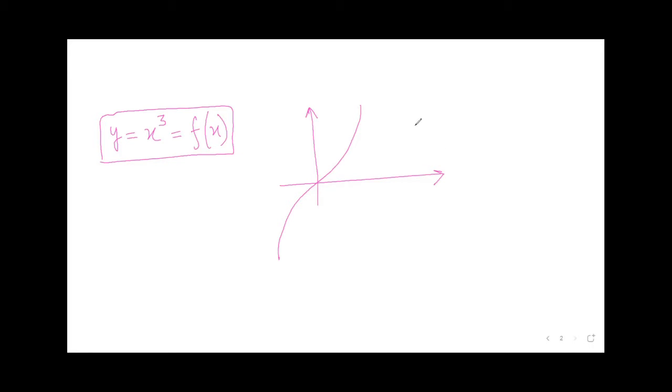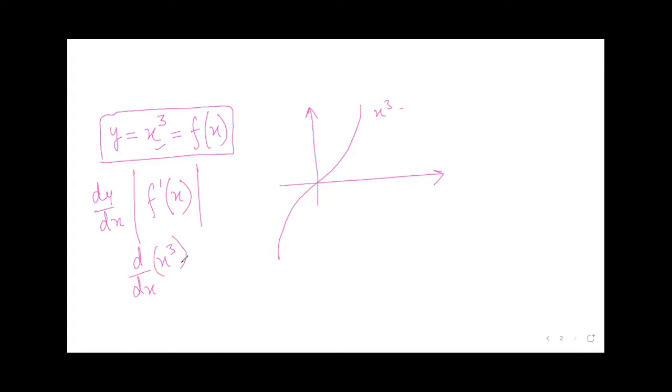So this is the graph of y is equal to x cube. Now if I want to take dy by dx, I can write dy by dx, or f dash x. I can very well write it as d by dx of x cube. Is the terminology making sense?